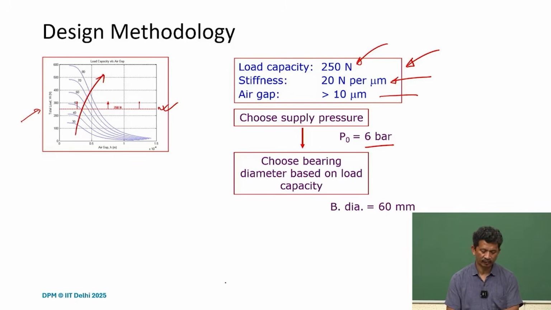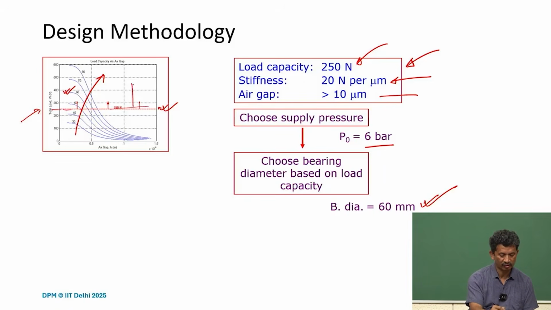So we have to go for a bigger diameter, 50 onwards. So let's go for the 60 millimeter bearing diameter. From here, we can choose 50, 60, 70, 80 also, right? At least this is my boundary. It has to be above this line.